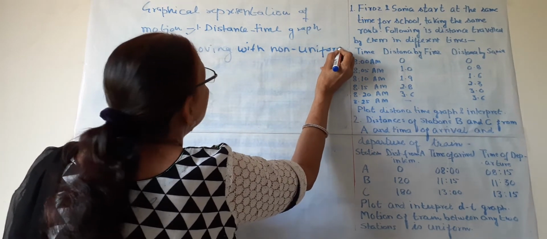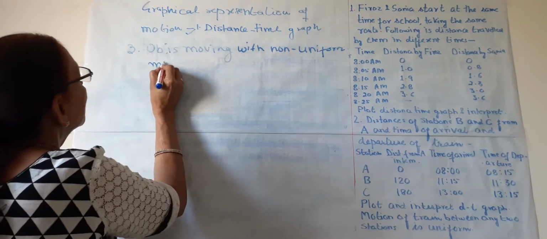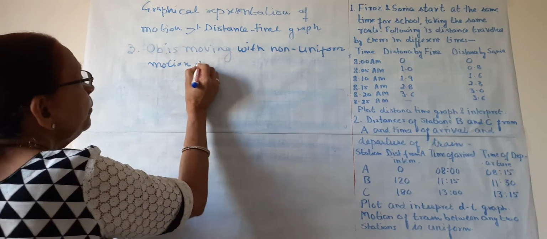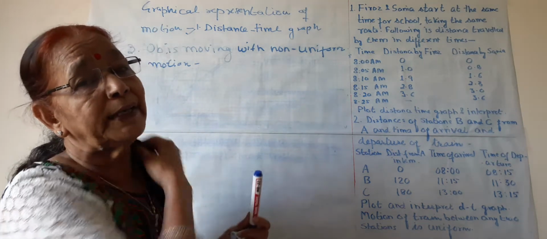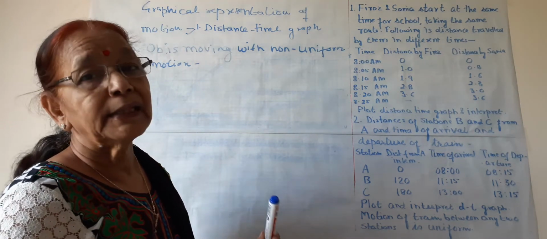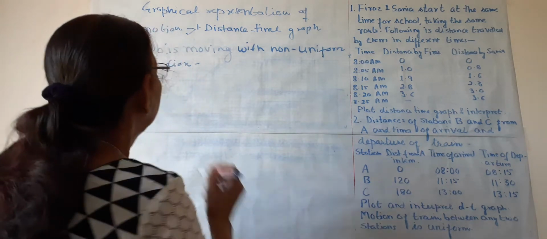Non-uniform motion. All of us know what is the non-uniform motion? When unequal distances are covered in equal time interval, then the motion is non-uniform.